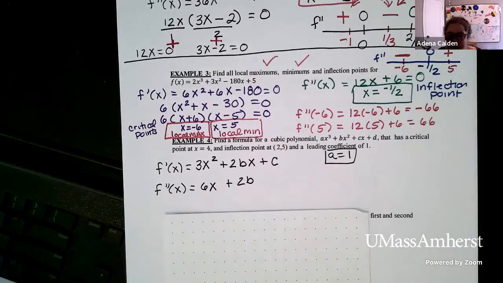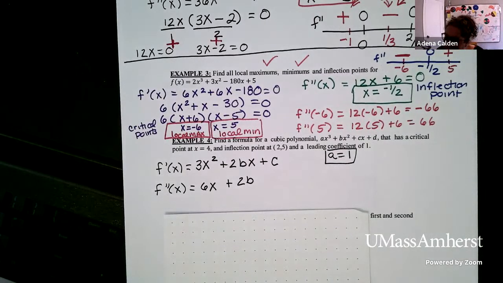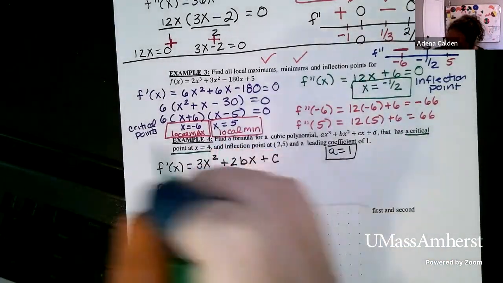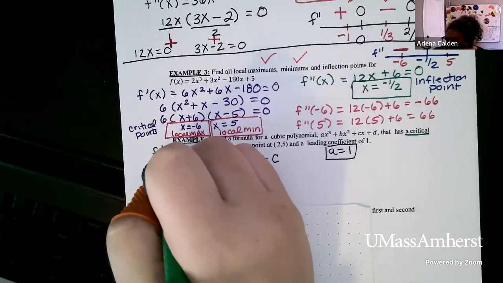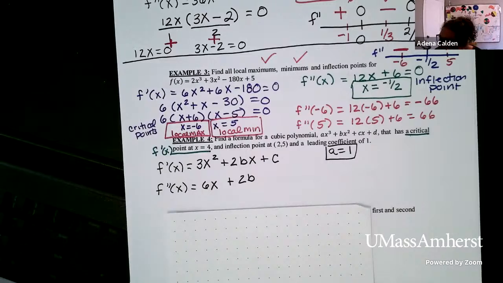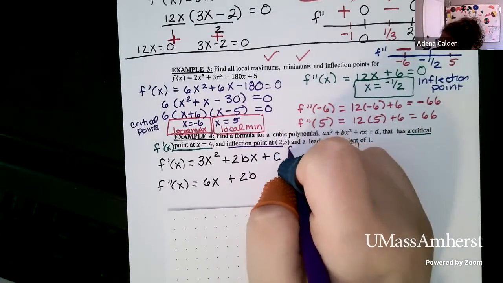And now we want to think about how we can use the information in the problem to help us solve these things. As a reminder, we are told that we have a critical point at x equals 4. And I'm just going to put f prime of x, because critical points have to do with the first derivative. We also know that there's an inflection point at (2, 5).